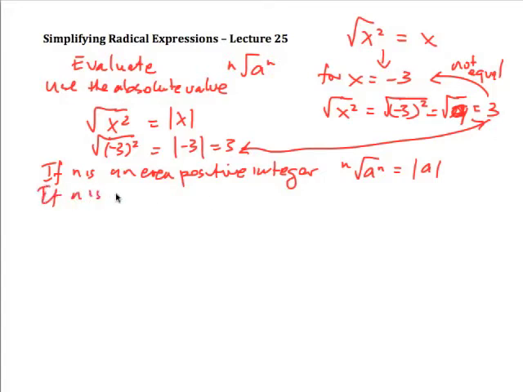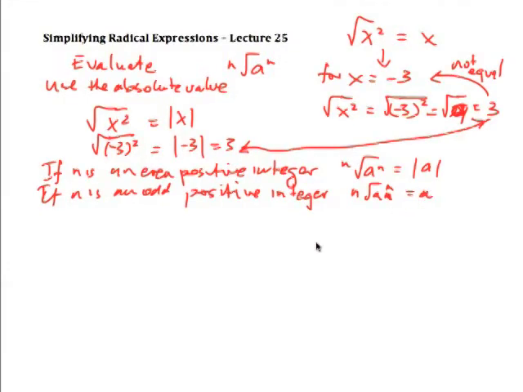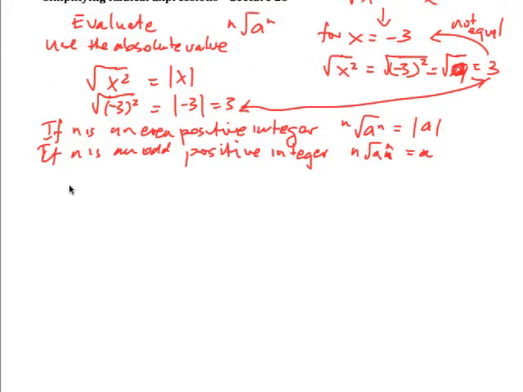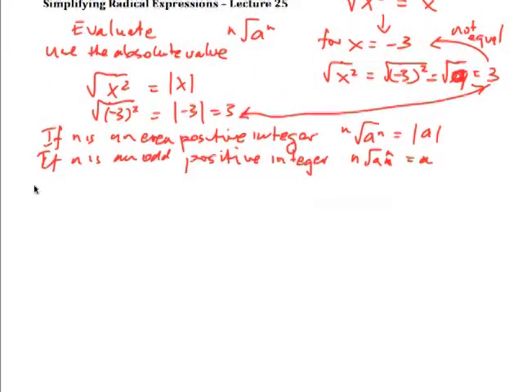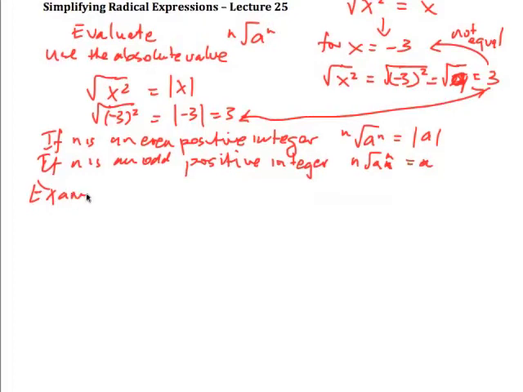If n is an odd positive integer, then it doesn't matter, because remember, if it's odd, we can get a positive or negative answer. So the nth root of a to the n is simply a. Okay. So let's look at some examples of this.